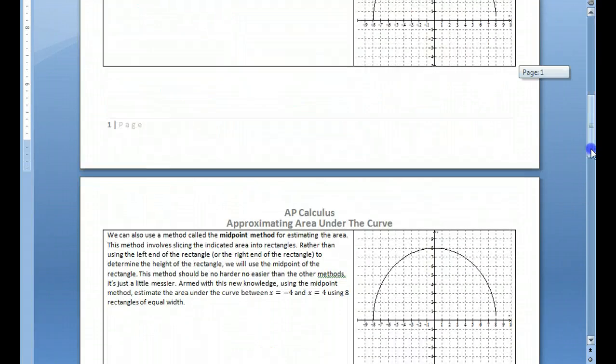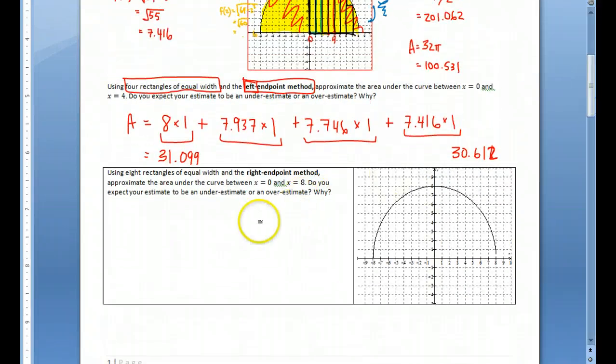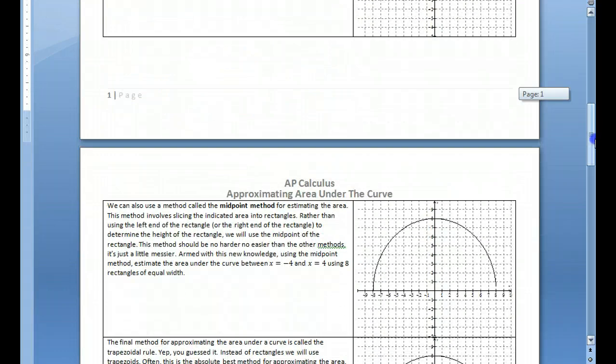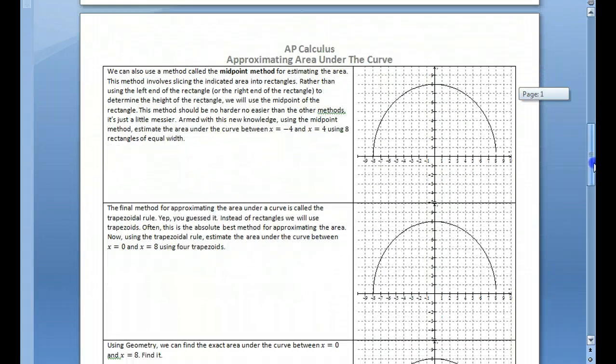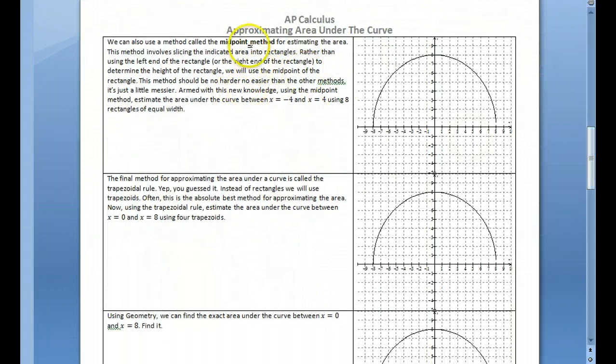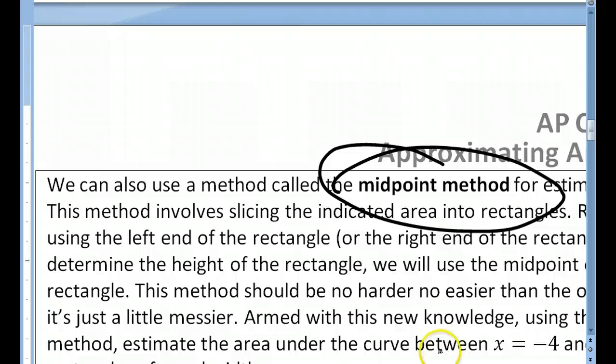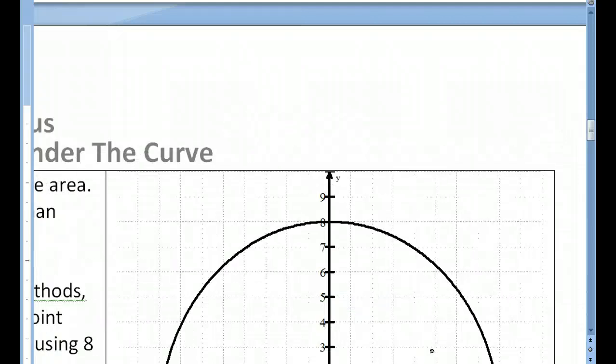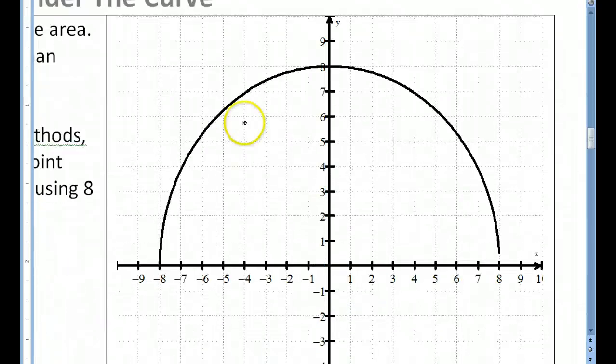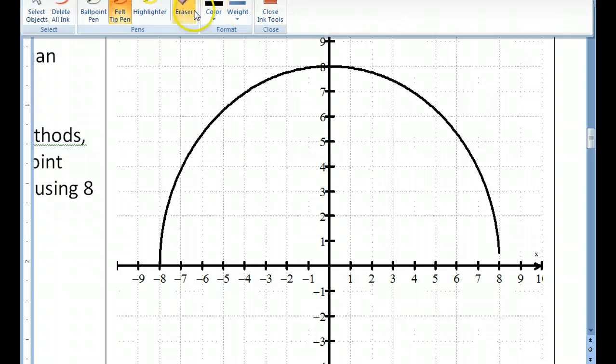So let's go down here. I'm not going to do the right endpoint because it's the same process. The midpoint is interesting. So let's zoom in. Okay, midpoint looks like this.